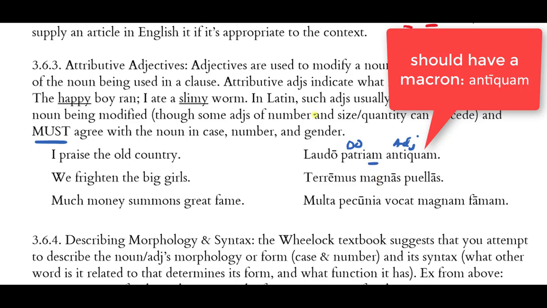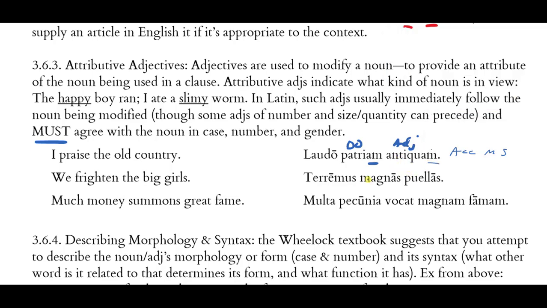So notice the ending. What case, gender, number is that? This is accusative and feminine and singular, right? And so not only does the accusative feminine singular form attach to patria, but it attaches to antiqua as well. Okay, so we get that same case ending.